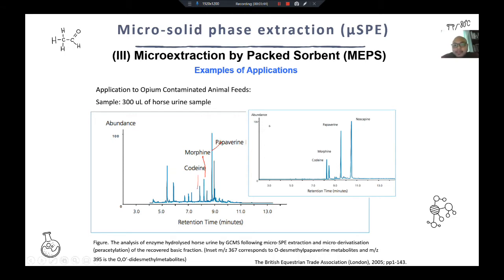Okay, and then noscapine, there is no noscapine. I'm not sure what went wrong. Okay, but using the MEPS, it's nice. They remove all these things. So you obtain much more clear chromatogram. Okay, so I believe that is the thing that this example trying to say.